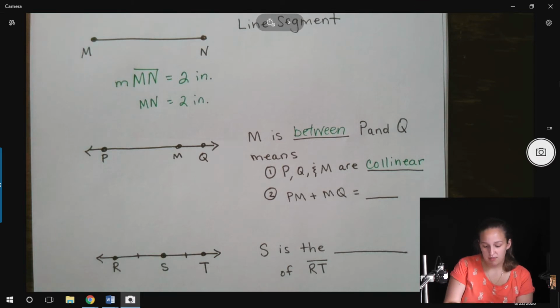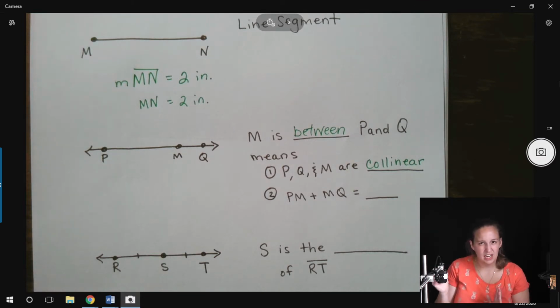And it also means something that might be fairly obvious, but is worded kind of weird.